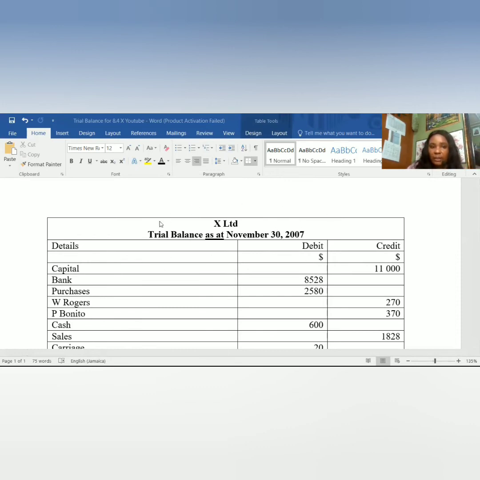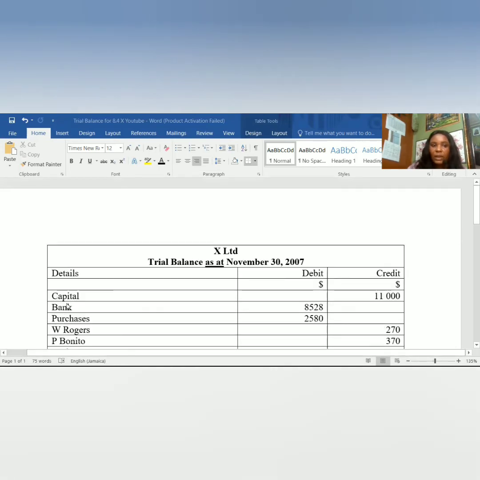And so in your trial balance, you write on the details, capital, and the amount of money and put it on the credit side. The bank was on the debit side. And so we have bank 8,528. I'm going back now to my other screen.